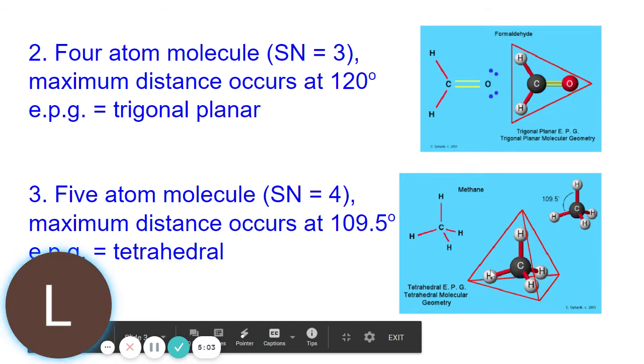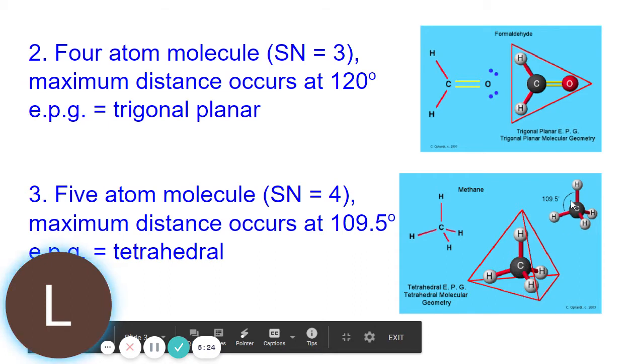And notice these 3 are not in the same plane. Here they were in the same plane, but these 3, they're not, specifically because this one on top is sort of pushing all of these down a little bit. So the distance between each of these when there are 4 bonds is 109.5 degrees.